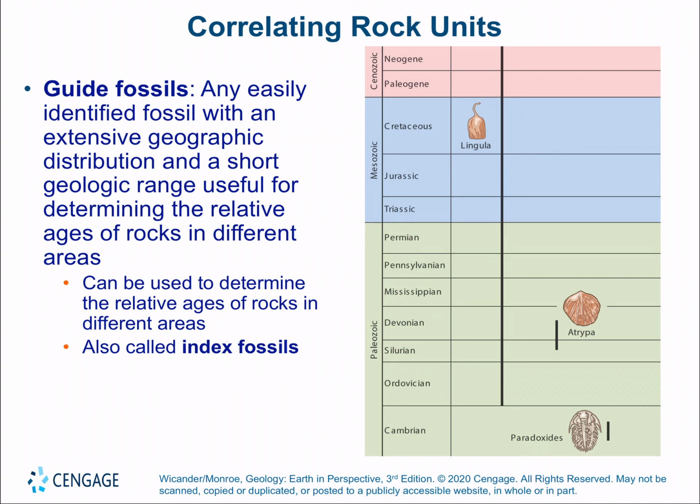Guide fossils might also be referred to as index fossils. You can see the three index or guide fossils shown here. All three of them have a short geologic range, so if we see any of these three, we know what age that bed was deposited. Okay, this ends part 2 of chapter 16.